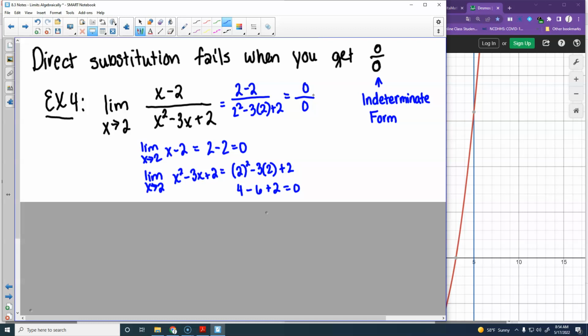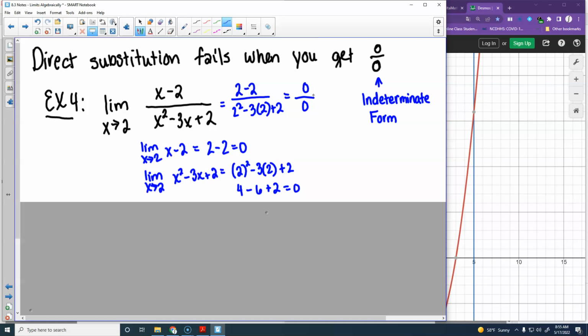So when we get 0 over 0, it is telling us nothing. It's telling us that we don't know anything about this graph. Whenever we run into 0 over 0, which is going to be the majority of the cases that you're going to run into, because obviously direct substitution is really, really simple, and I don't need you to practice that very much, right?